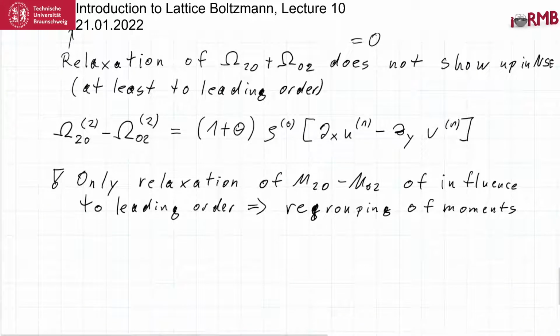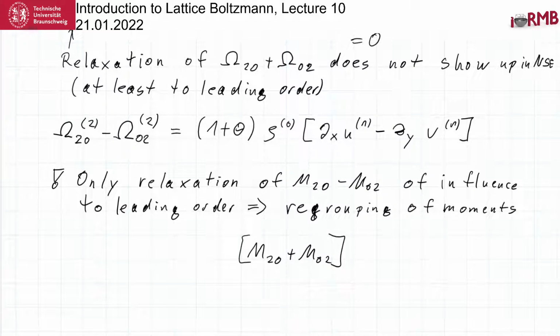There are these moments m20 plus m02, which we are going to relax with an omega p. And there is the moment m20 minus m02, which we have to relax with the relaxation rate that belongs to the Navier-Stokes equation, which we called omega.